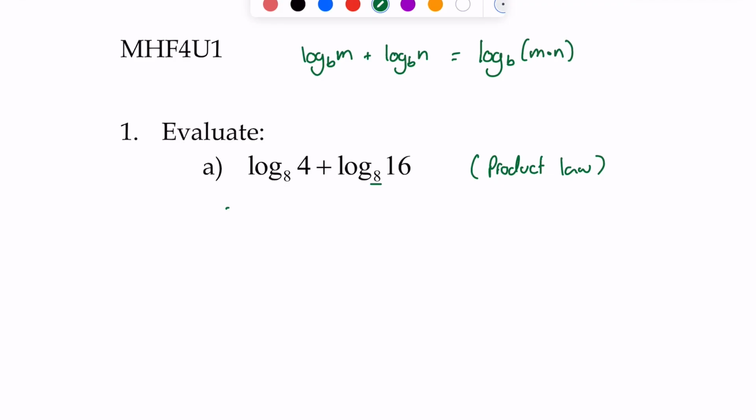So this can be rewritten as log 8 of 4 times 16. Well, that's 64.